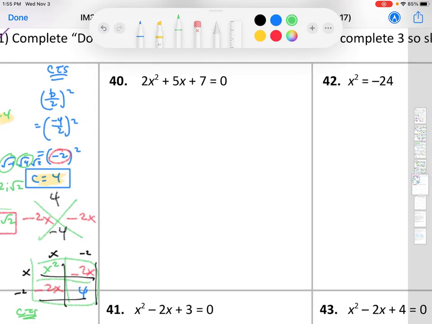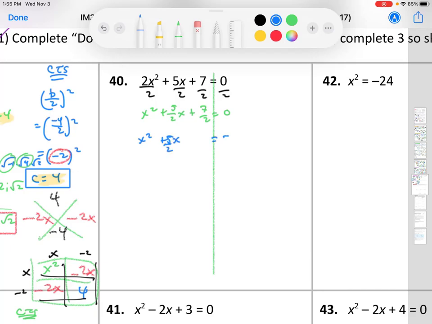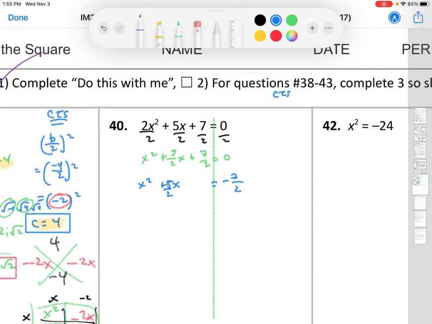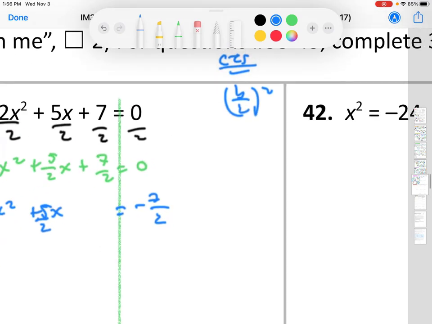Number 40. Let's divide by 2. X squared plus 5 halves x plus 7 halves. Subtract the 7 halves. And now we're going to complete the square. B value is 5 halves.